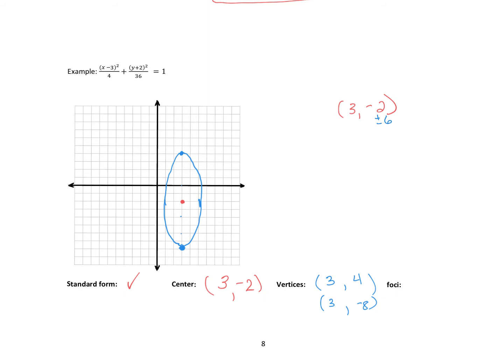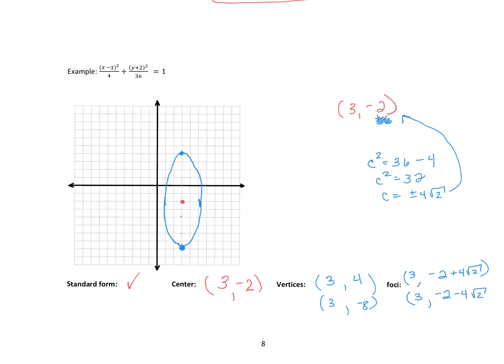Our foci: c squared is going to be the bigger minus the smaller. We'll get c squared is 32, or c is, so I'm going to think of 32 as 16 times 2, so plus or minus 4 root 2. And just like before, we will add this to our y-coordinate, so we'll get (3, negative 2 plus 4 root 2), and we'll also get (3, negative 2 minus 4 root 2).